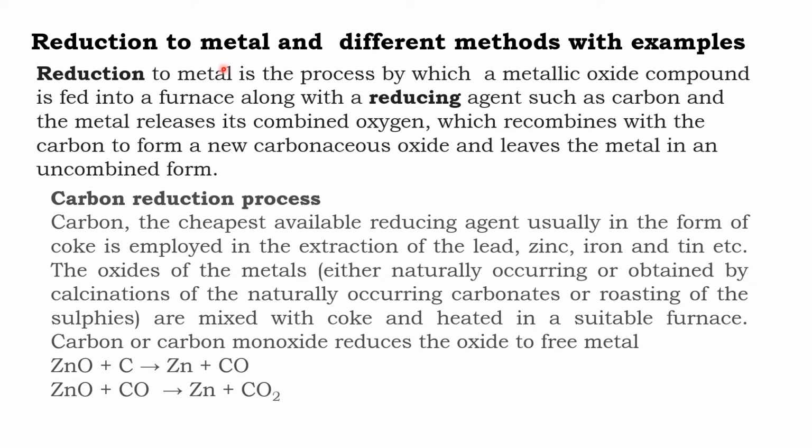And we have to see one by one what are the different methods for the reduction of metals that are adapted in metallurgical process. The first one is the carbon reduction process. In carbon reduction process, the metal oxide is treated with the carbon at high temperature in a suitable furnace.